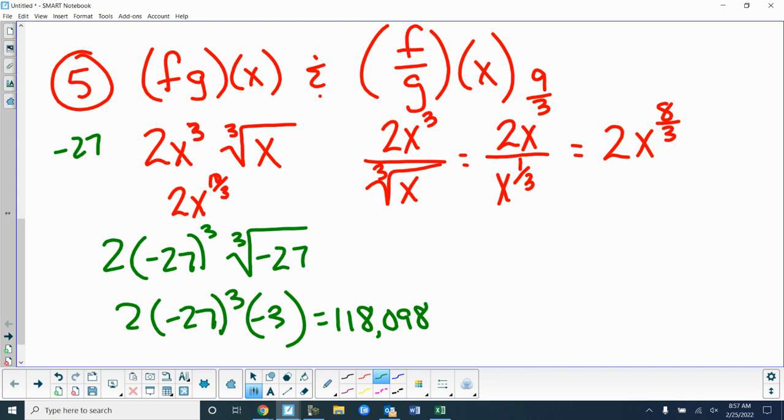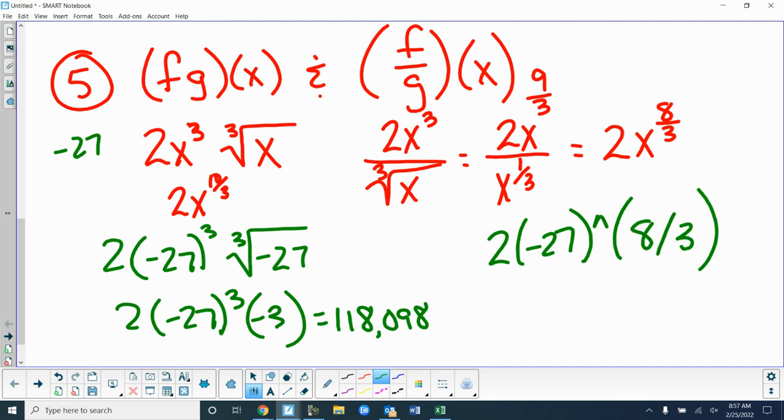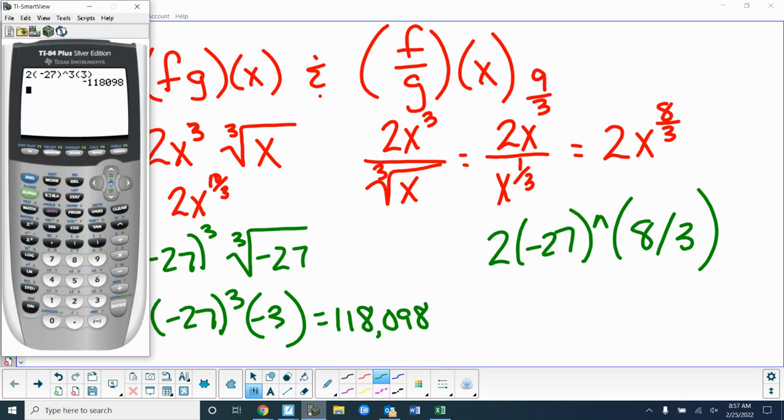All right. For the division, all right, if you just want to put 2, a negative 27, and just put 8/3, you can. All right. So I can go second enter to get most of that, and just change this to 8/3 here, like that.